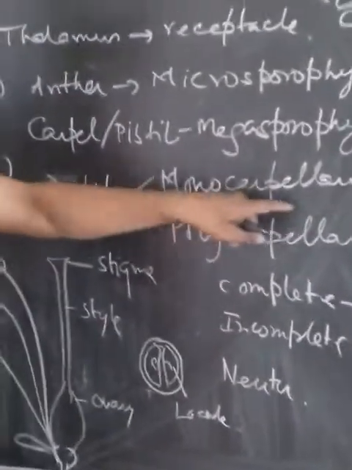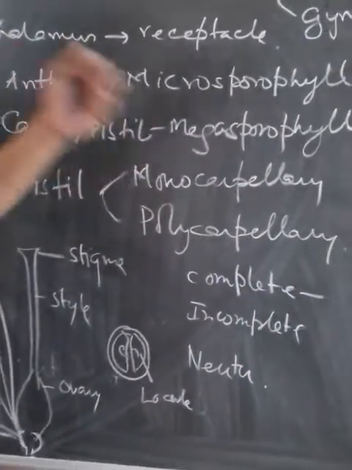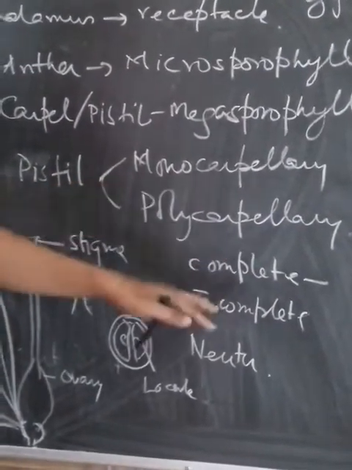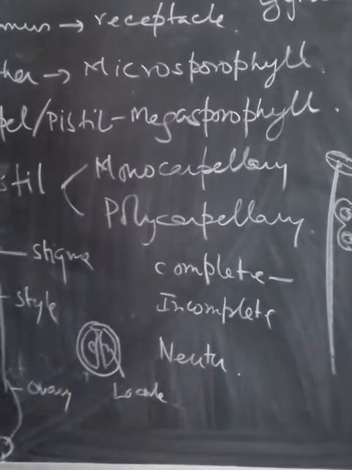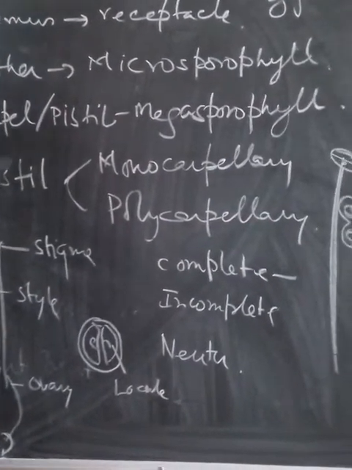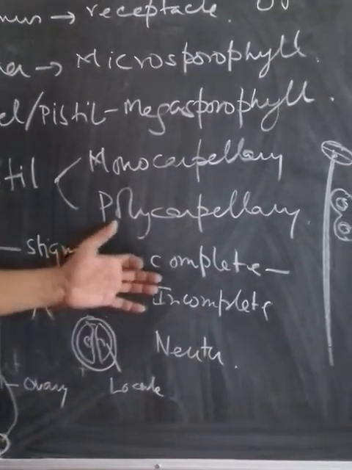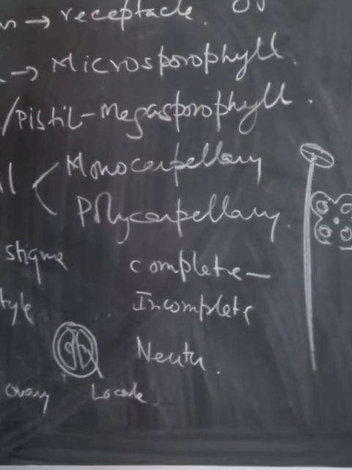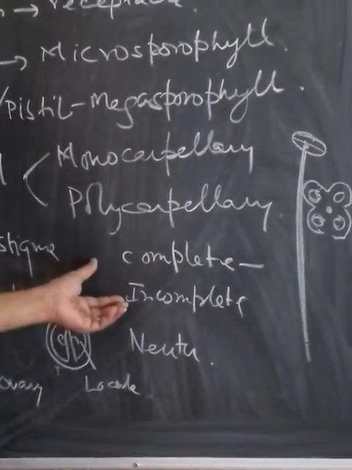Pistil can be monocarpellary. If there is a single carpel, we call it monocarpellary. If the carpels are more than one, we call it polycarpellary. Now there are some terms we have to know. What is a complete flower? If a flower has all the four whorls, then we call it a complete flower.